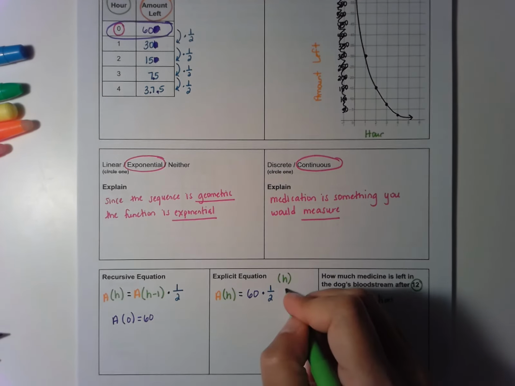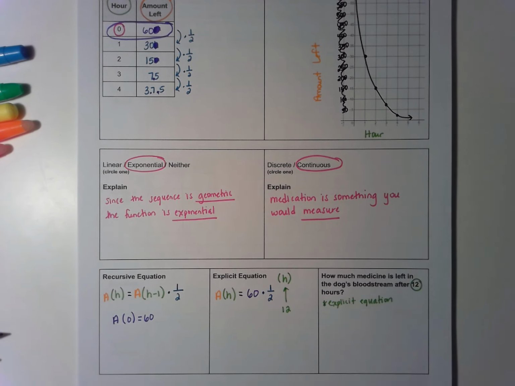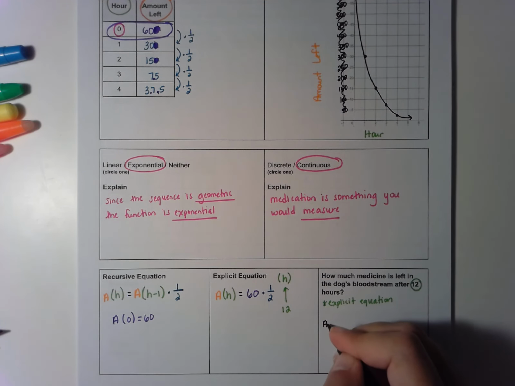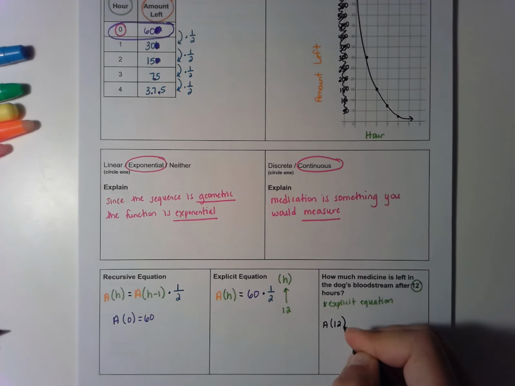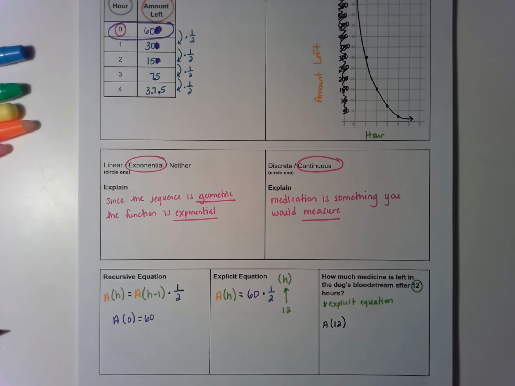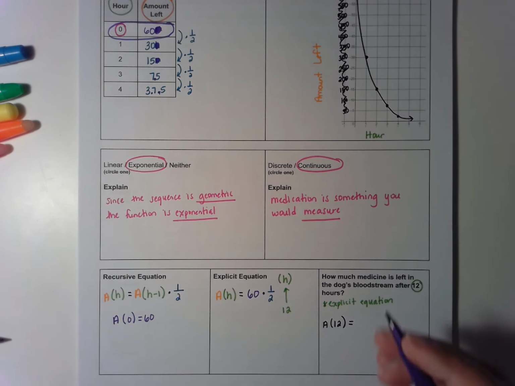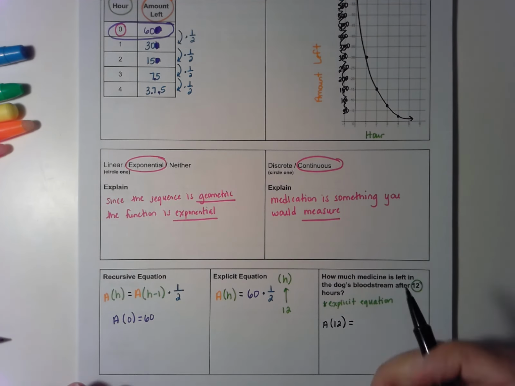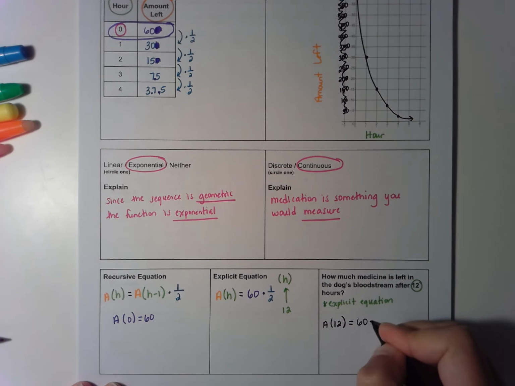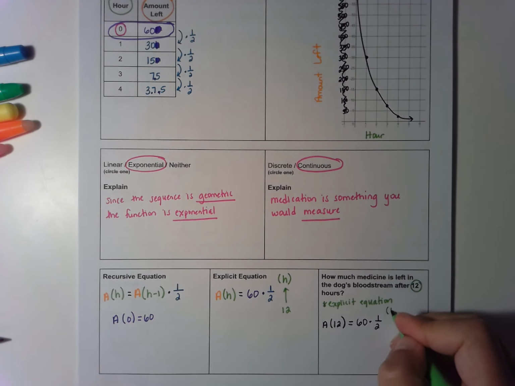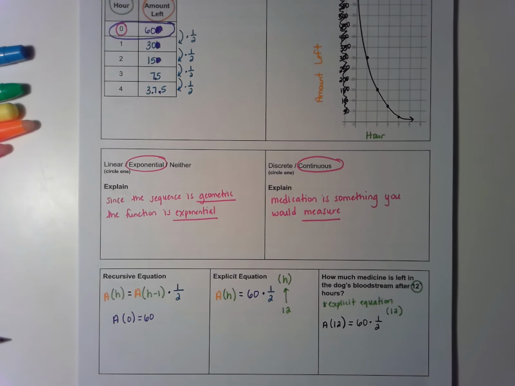So I'm going to plug the number 12 into my explicit equation, which means I'm going to have A of 12 is equal to 60 times 1/2 to the 12th power. Now this is again a time when a calculator is going to come in really handy.